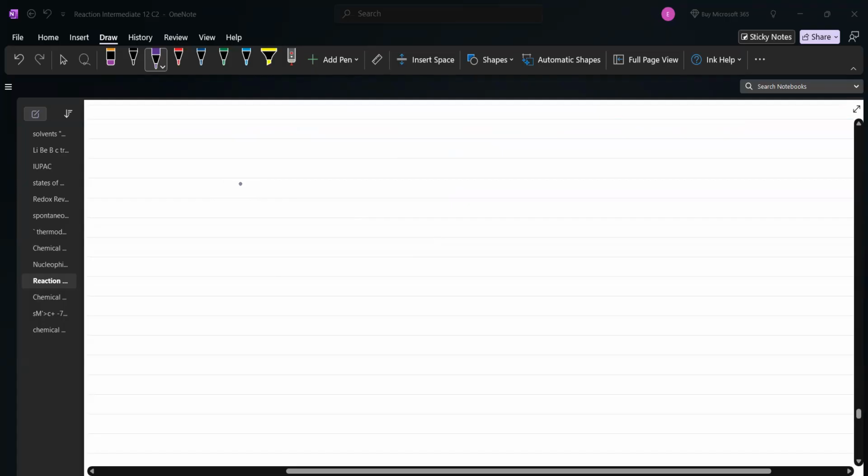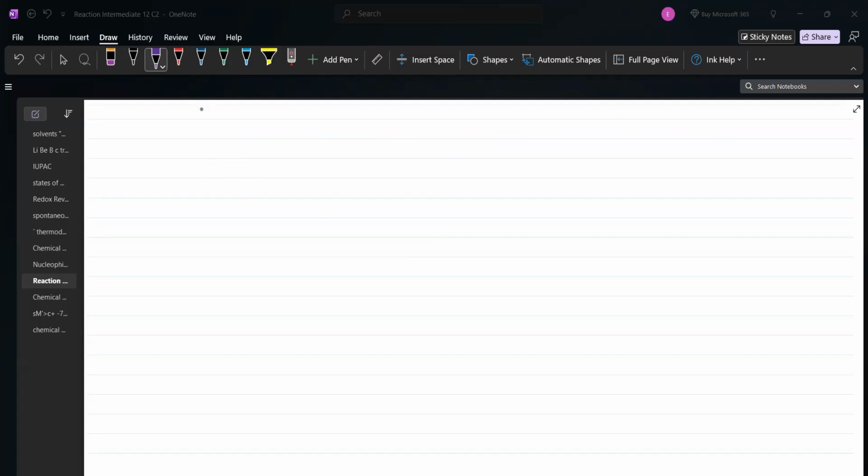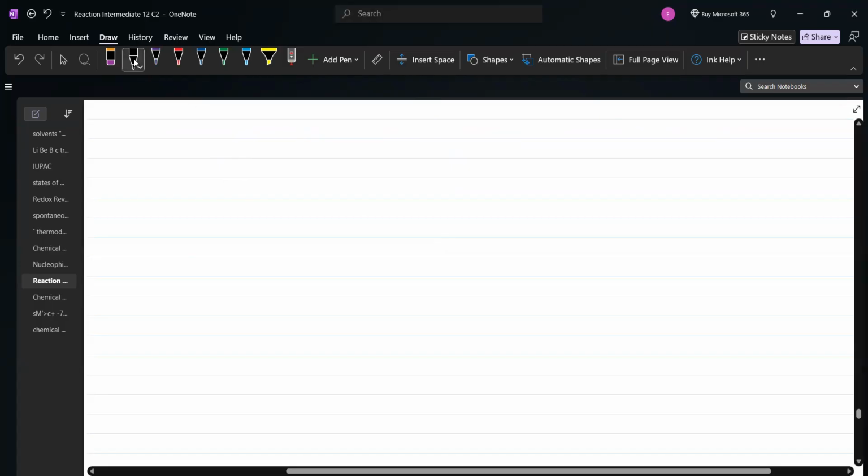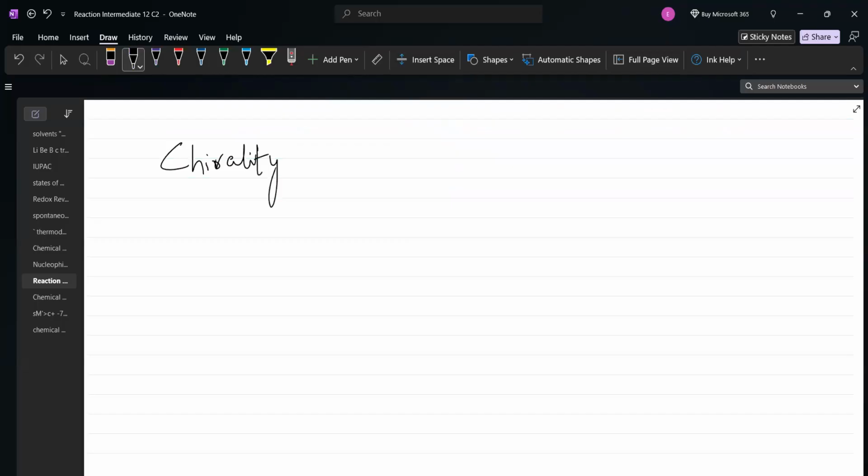So one small topic in this chapter is chirality. Have you heard about this term, chiral carbon, chirality in enantiomers? No, sir. Optical isomers, optically active, inactive.